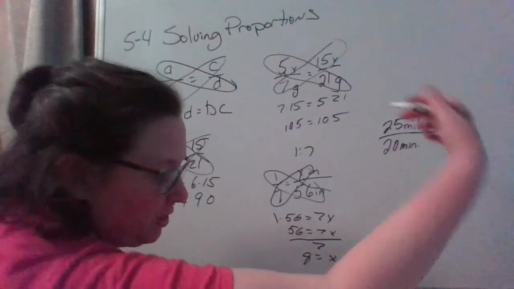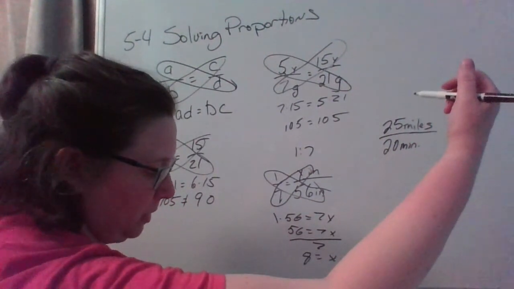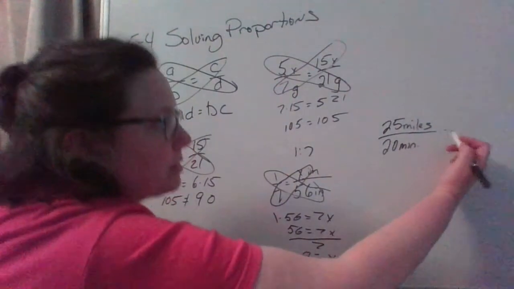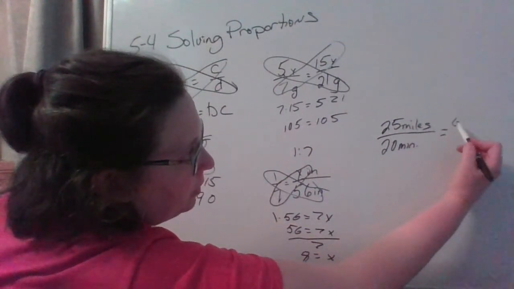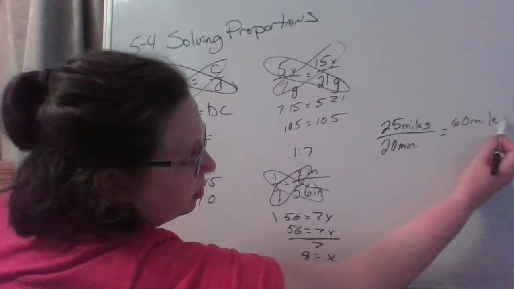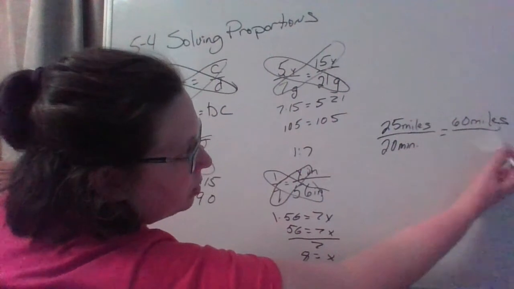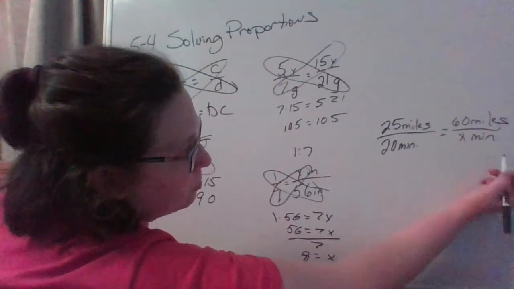It helps you keep everything lined up. It says, at this rate of speed, how long will it take the helicopter to reach a fire that is 60 miles away? So what's super important is that you keep the miles on the top here. So we have 25 miles and 60 miles. We have 20 minutes, and then this is going to be X minutes.